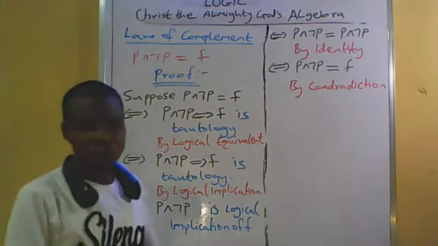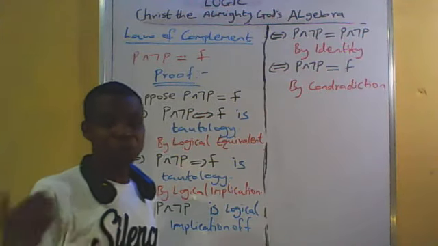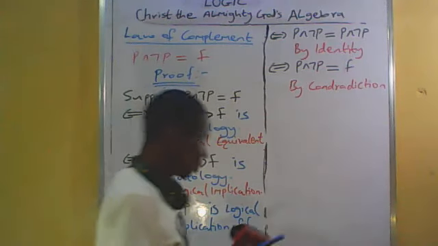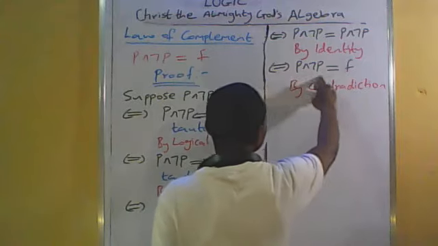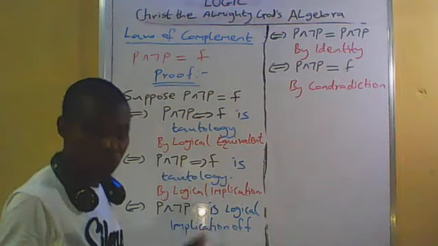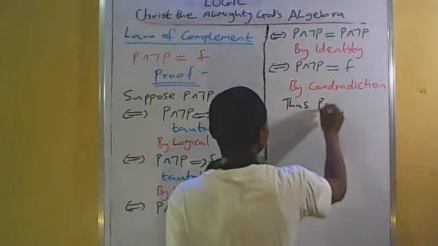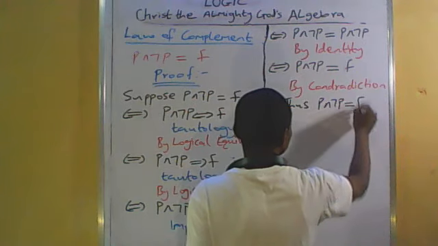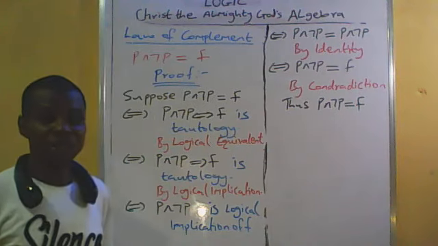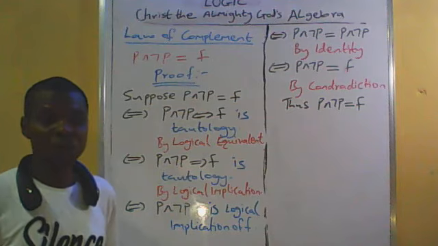We have done contradiction in our previous tutorial, so you can go back to our previous tutorial to be acquainted with knowledge of contradiction. Now we have proved that P and not P is equal to F. We then conclude that the statement is logical equivalent.